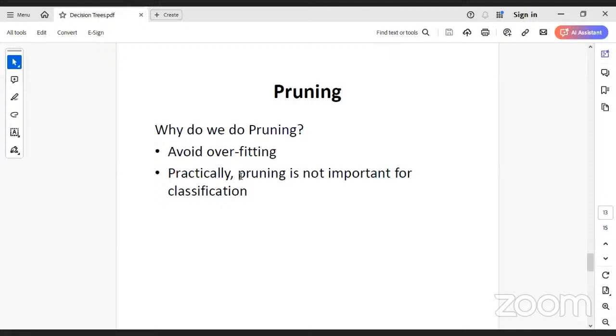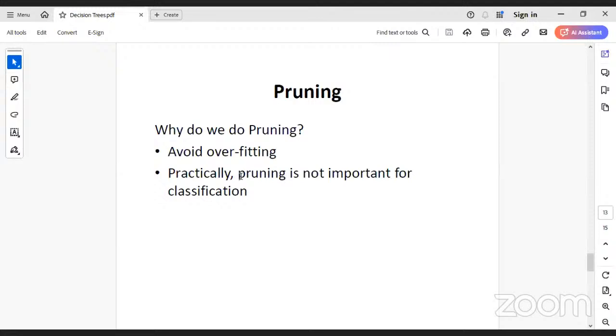So you commit some errors. Why do you commit them? Because your brain has learned too much of your old bike. It has learned to that extent that it now thinks even the new bike is a similar type of old bike. That is what is called too much of learning.